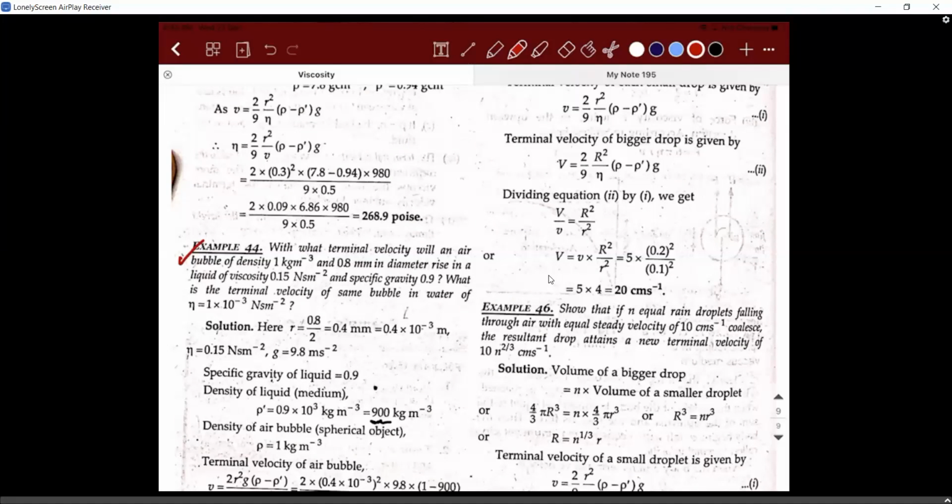This expression will take care of the units. You need not worry about it. There are two units. One is dyne second per centimeter square. One is gram per centimeter per second.